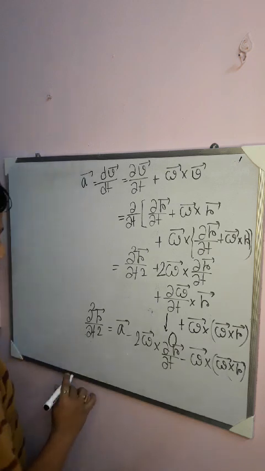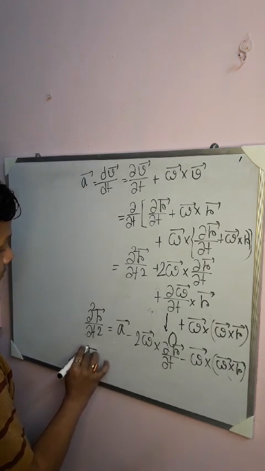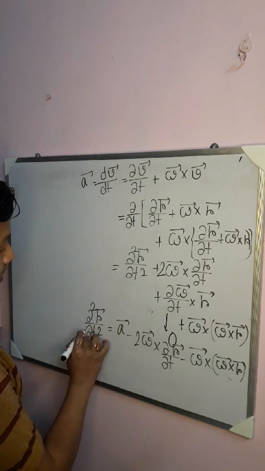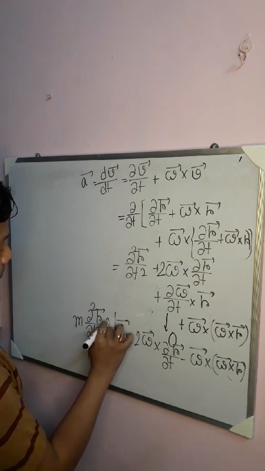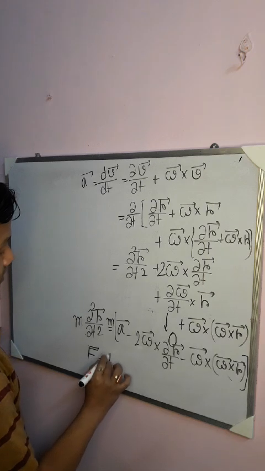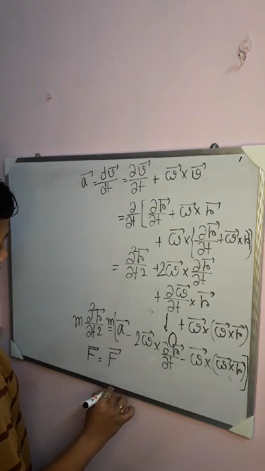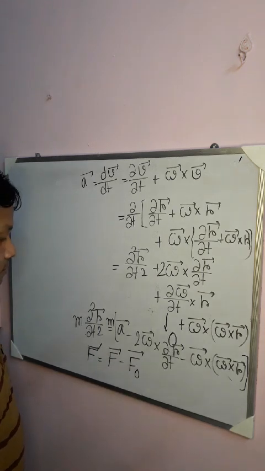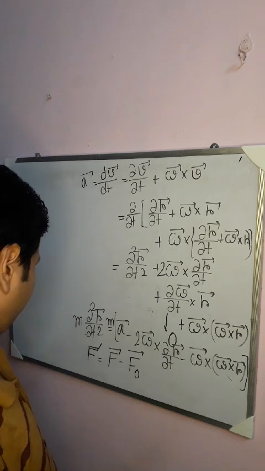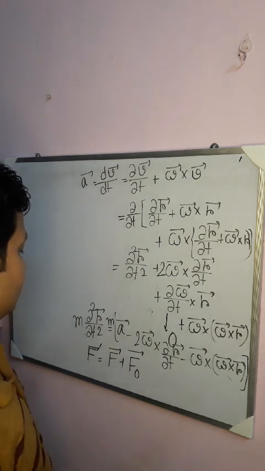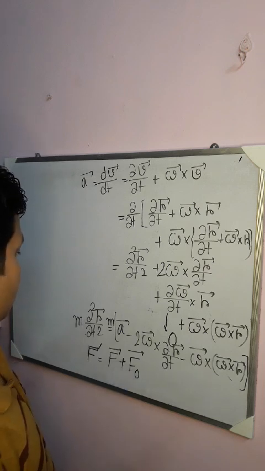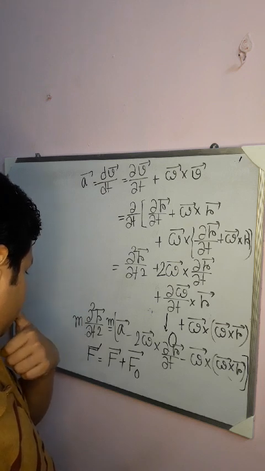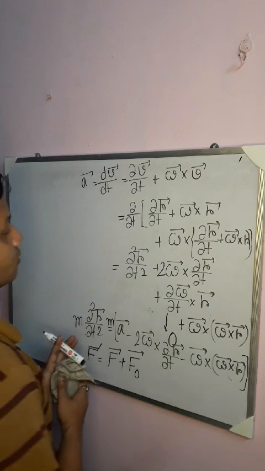So if you multiply it with m, you have to multiply the entire term with m, this is the force experienced by the particle relative to S dash frame. So ma means F, minus these are F naught. So this is the expression.